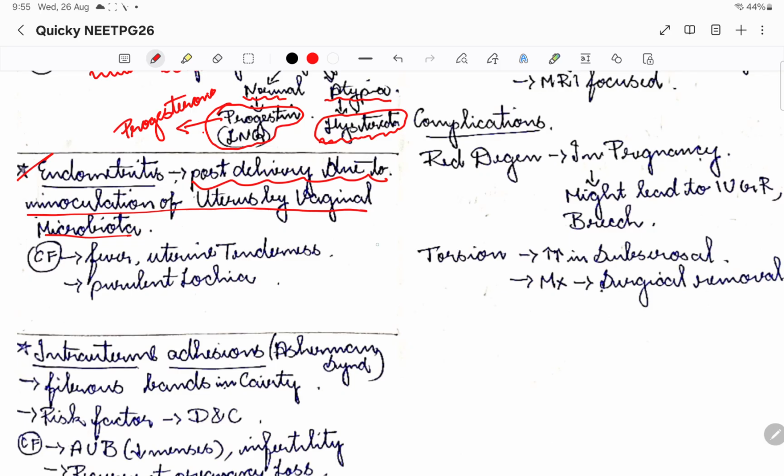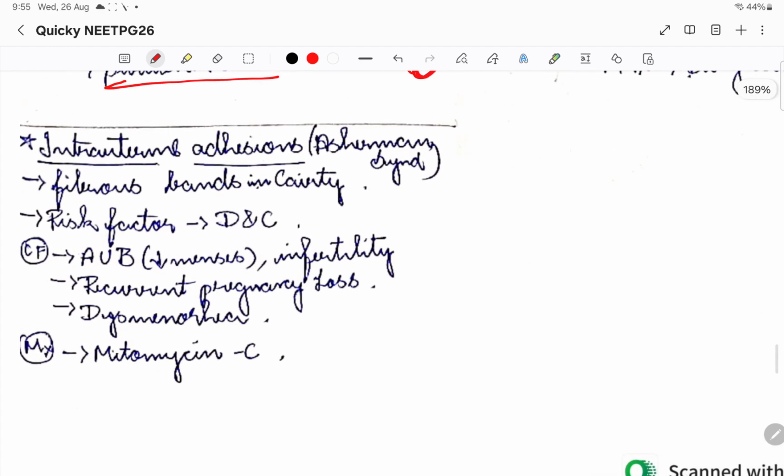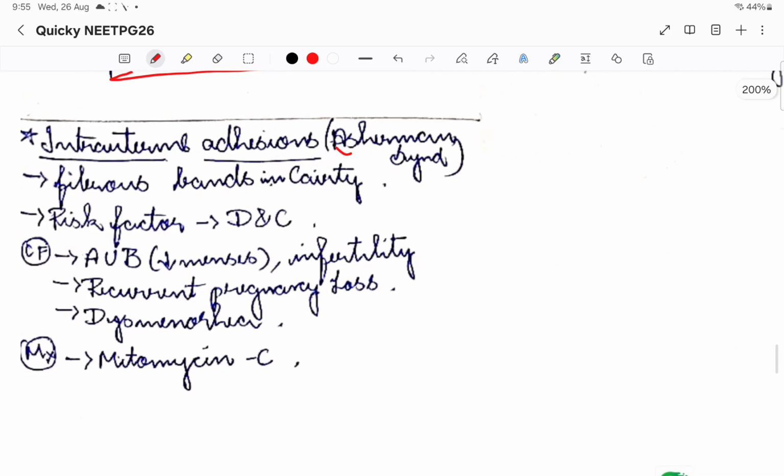In the vagina there is a normal microbiota, but if it enters the uterus during a delivery or any intervention, that is when the infection happens. This leads to endometritis. The clinical features will be fever, uterine tenderness, and purulent lochia.